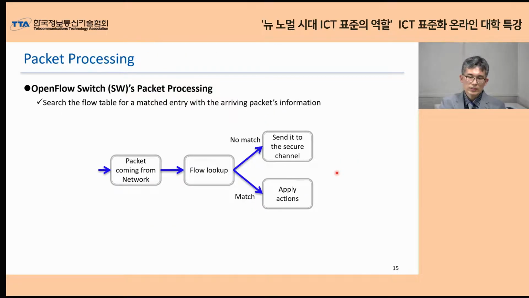So this is the packet processing procedure. First of all, a packet comes in to the SDN OpenFlow switch, and then it looks at its table. If there is no match, the packet will be delivered to the SDN controller using a secure channel. Otherwise, if there is a match, apply the appropriate action.